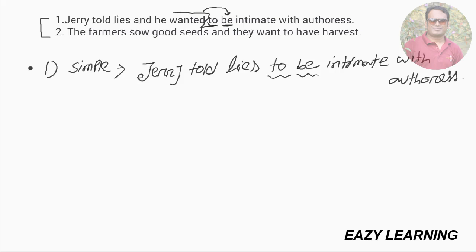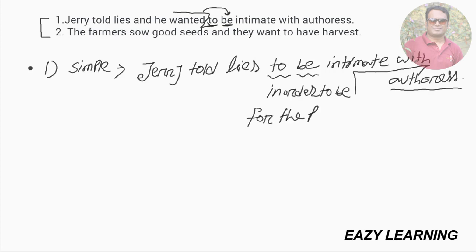Or you can write "in order to": in order to be intimate with authors. Or you can write "for the purpose of," verb-ing, being, because when you use "for the purpose of," after that you have to write verb-ing.